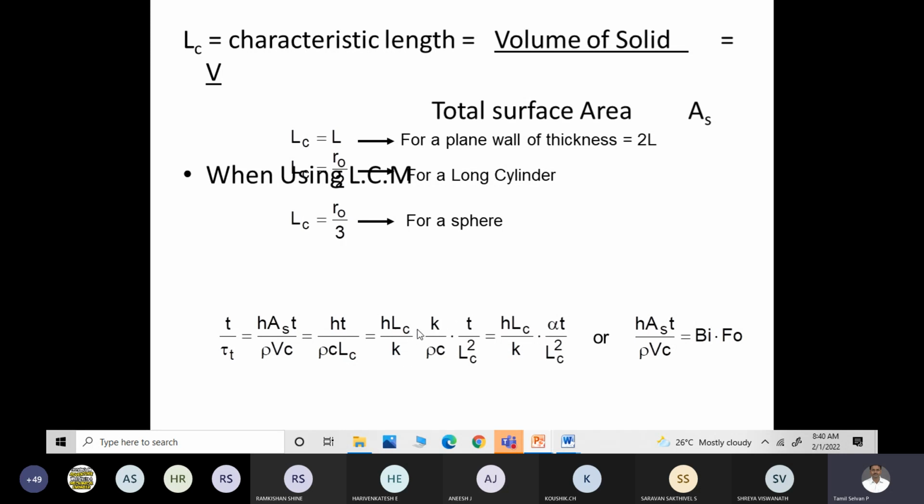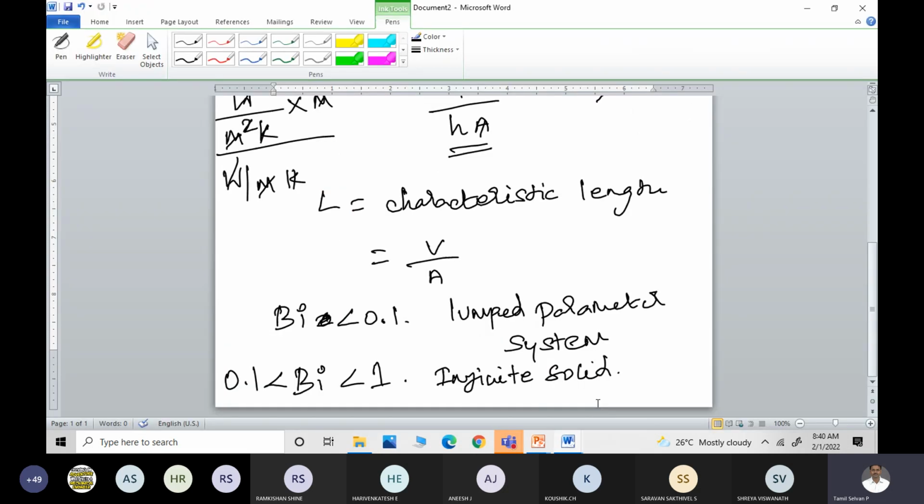You are inserting Lc k in the numerator and Lc k in the denominator. Am I correct? Yes, sir. Why are you blinking here? Are all of you able to understand this? This is a very easy expression. Let me write it out.